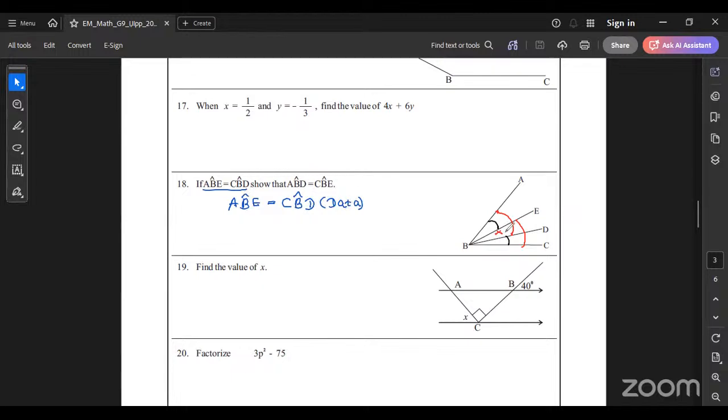After that, you can add this angle to both sides. This middle angle, I placed the wrong mark. So the middle angle, what is EBD? I'm writing ABE again, and I can add the blue shaded angle, EBD.